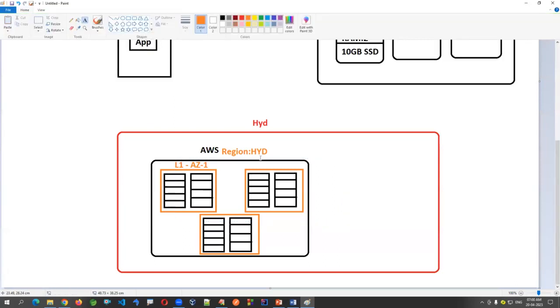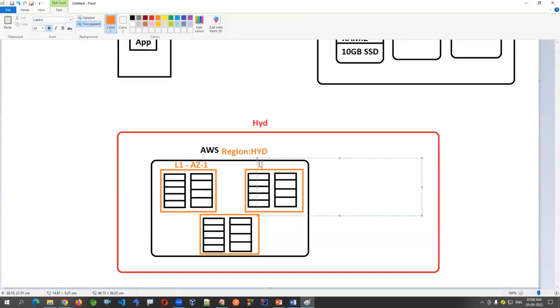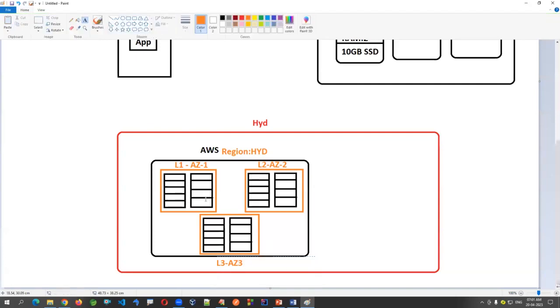With some distance, in location 2, they are maintaining some data centers, that is availability zone 2. In location 3, with some distance, they are maintaining a few more data centers. This is AZ3. AZ, we have to pronounce, is availability zone. These availability zones are all interconnected.